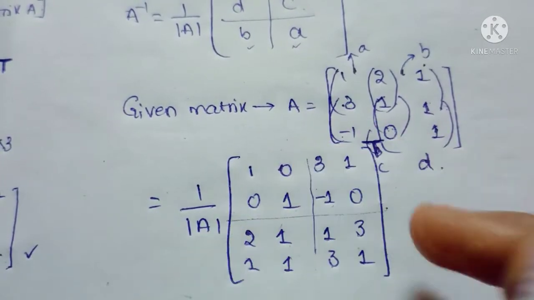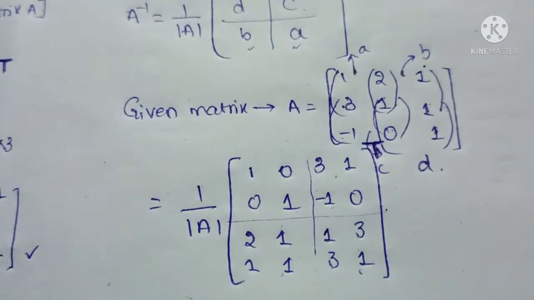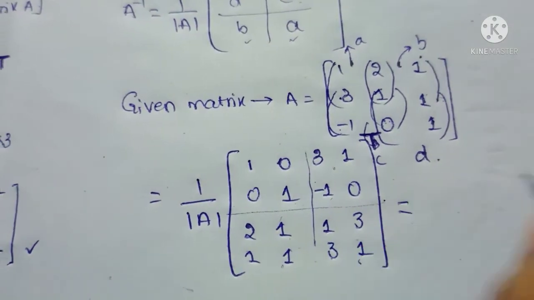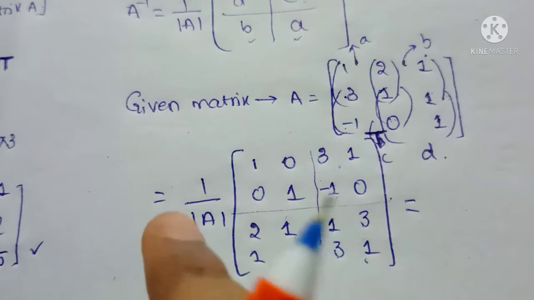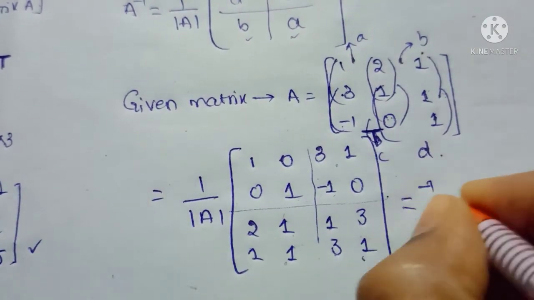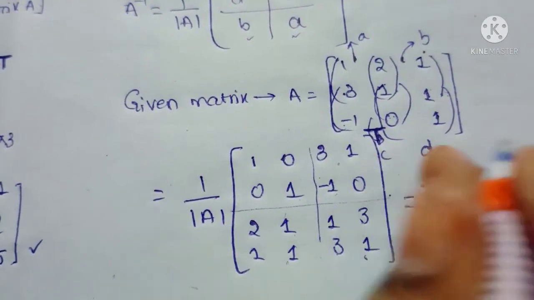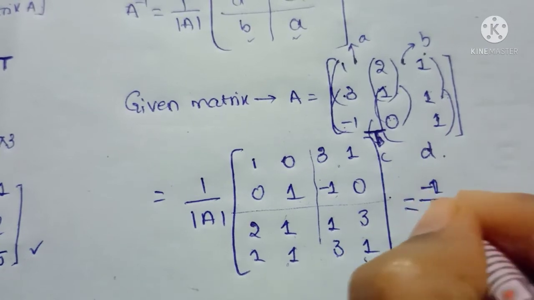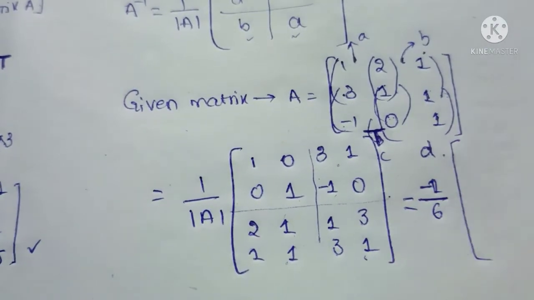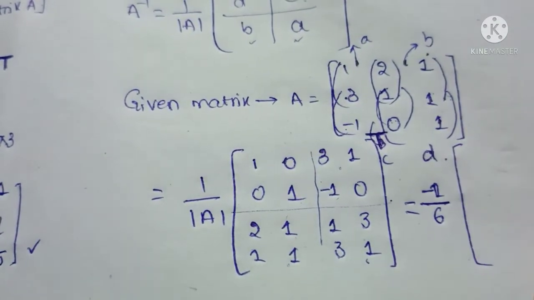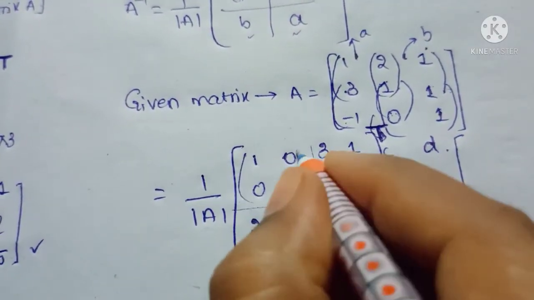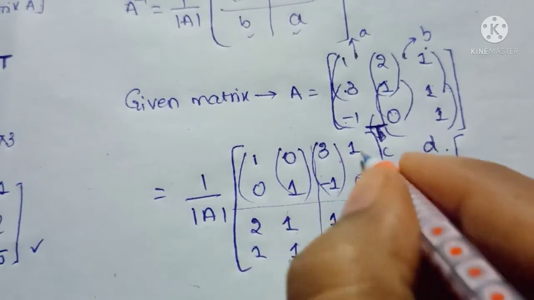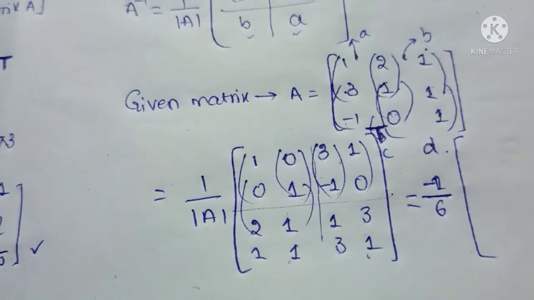After writing the A, B, C, D matrices here, we find det A, similar to the first method, and we get -6. So I am writing -1 by 6 here. And how do we find the cofactor matrix? You just find the determinant of the remaining matrix, and you get that element.